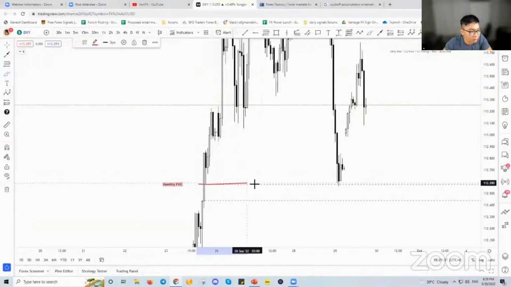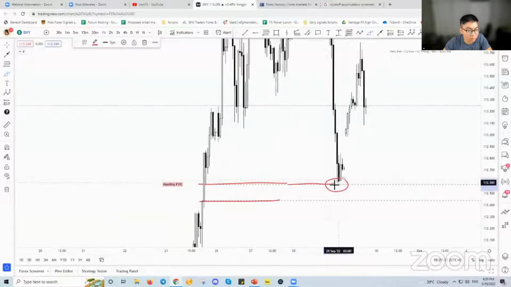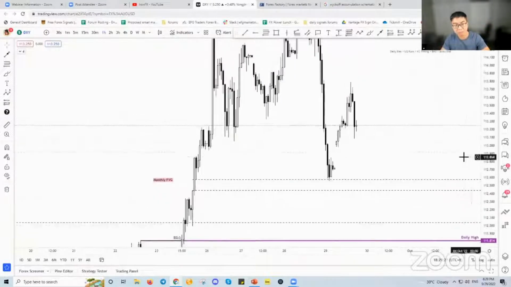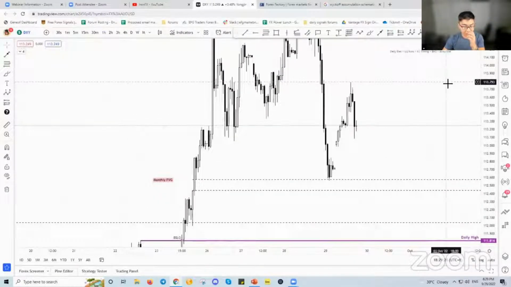Previously, nothing came in, but price came all the way down just to clear it. The use of market imbalance in your trading is extremely precise. You can expect where prices might be heading, or you can even use a market imbalance as an area of take profit.